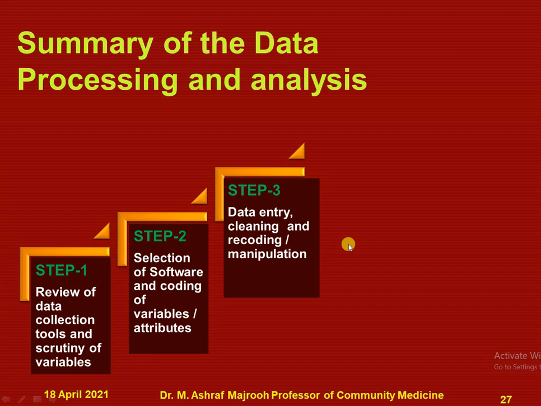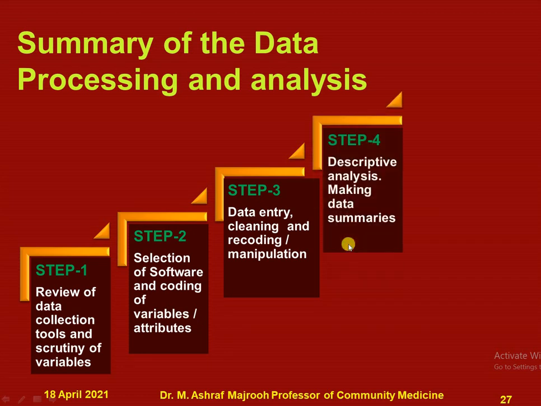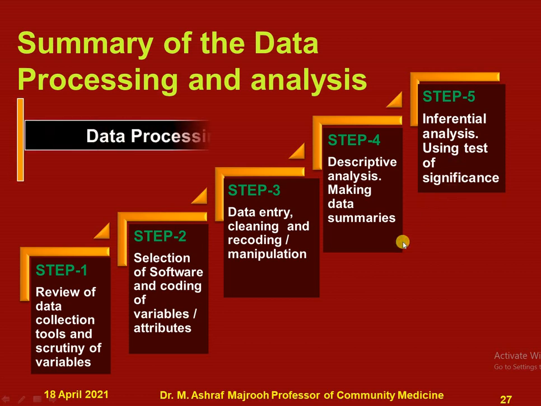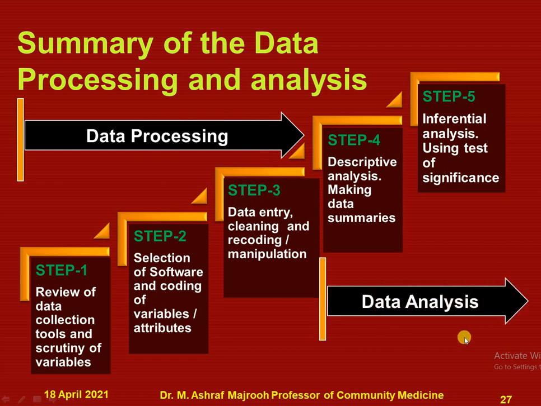So these three steps are in data processing. Then we run the descriptive analysis for descriptive summaries, and then advanced inferential analysis using tests of significance. So this is the part of data processing, and this is the part of data analysis. We have completed data processing.